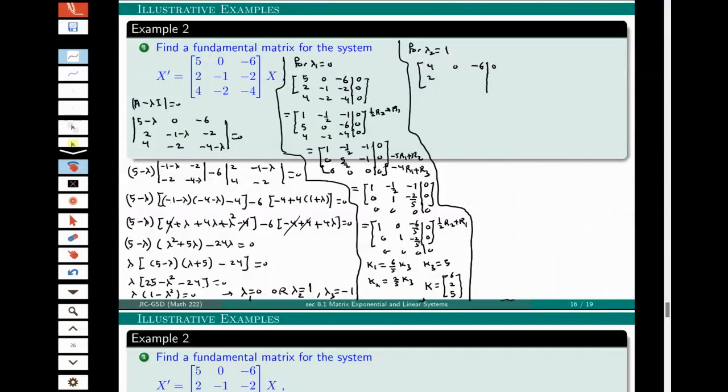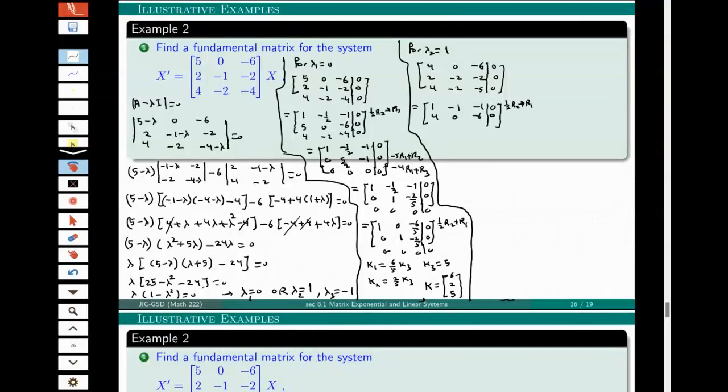We said our lambda is 1, so that will be 1 minus 1, which is 0, minus 2, minus 2 and 0, and that's 4, minus 2, and minus 4 minus 1, which is minus 5, 0. It's clear now. If I divide row 2 by 2 and make it 1, it will be 1, minus 1, minus 1. That's the easiest one. So that is 1, half.